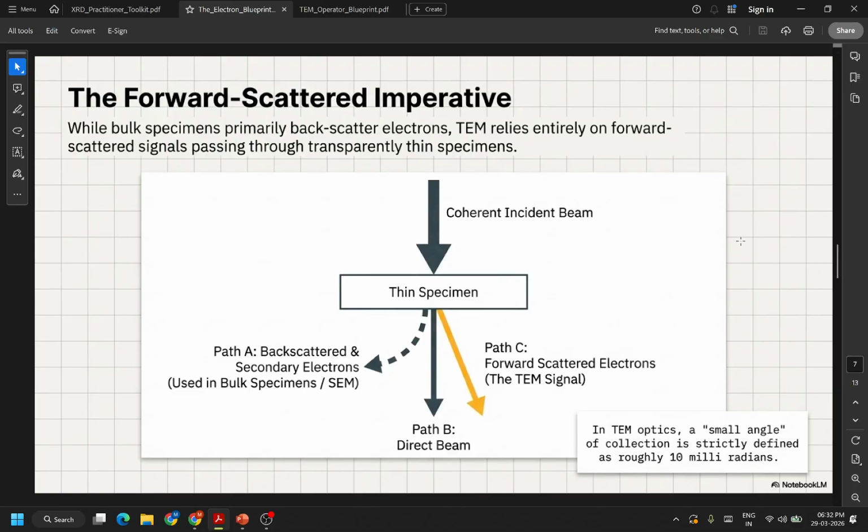Due to that, we don't take the directly transmitted electrons. We take a slightly off angle. The detector is slightly off angle.